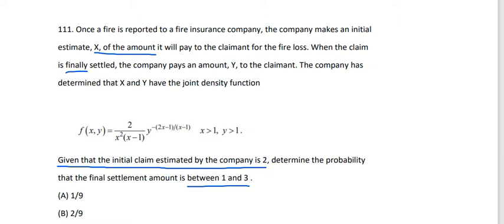The company pays an amount of y. Y is the final payment. So here this final payment is y, and this is x. So this problem just becomes: we want to find the probability that y is between 1 and 3, given that x equals 2, right?